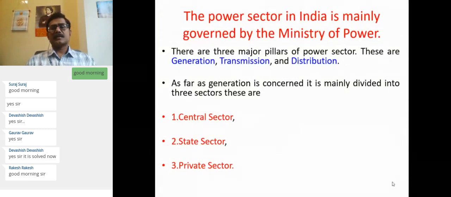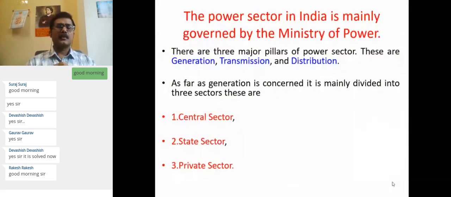There are three major pillars, or three major sectors, in the power generation industry. This entire industry has been trifurcated. It is divided into three different parts, and each part is given a specific responsibility, like limiting your business only to the generation of power.